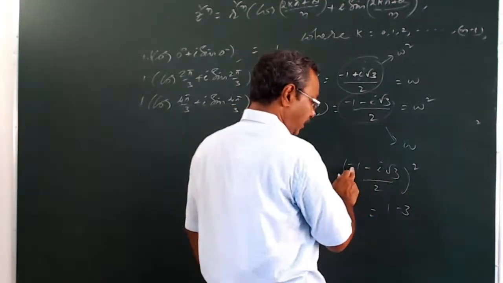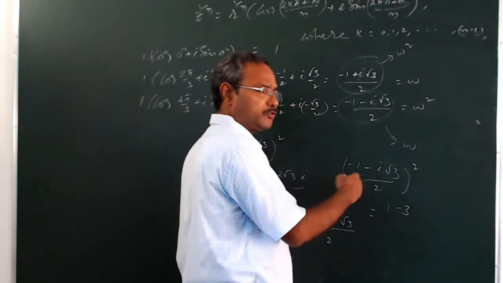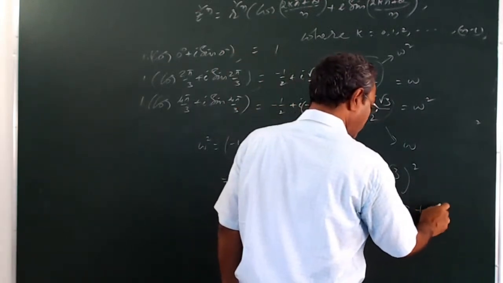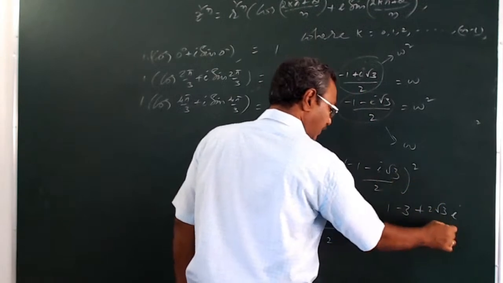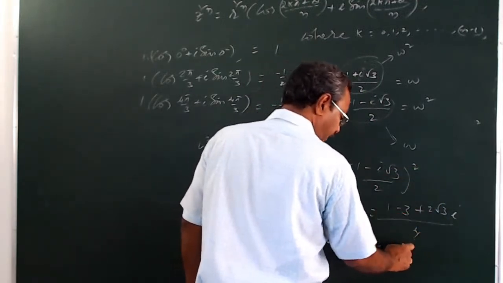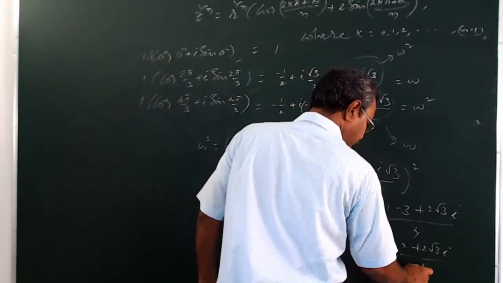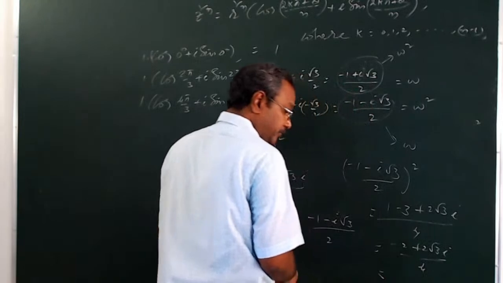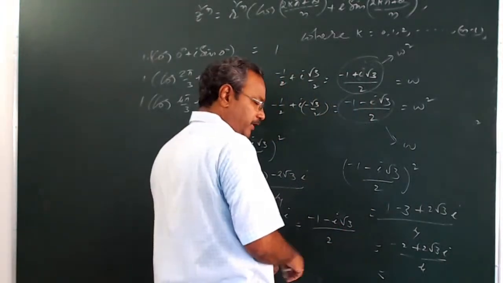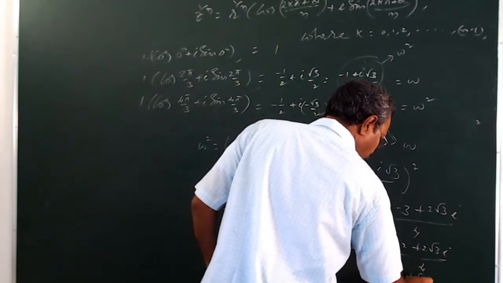And minus 2ab or plus 2ab, both signs being negative, automatically becomes plus 2 root 3 i, divided by 2 square, which is 4. So it is 1 minus 3, which is minus 2, plus 2 root 3 i by 4. Again take 2 as a common factor and cancel the denominator, and you will get minus 1 plus root 3 i by 2.